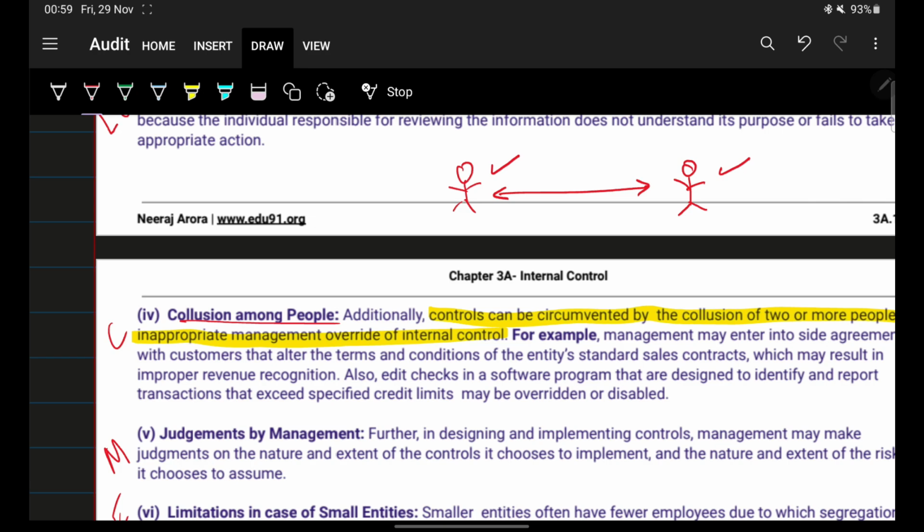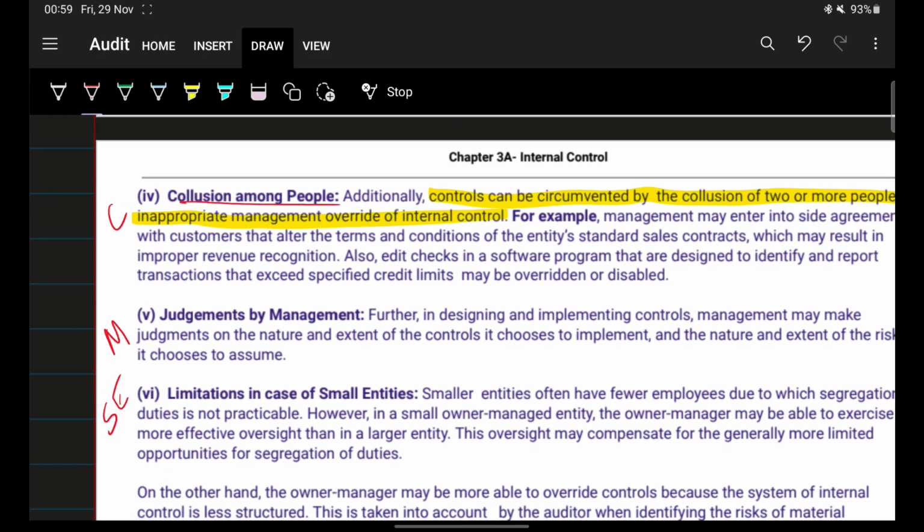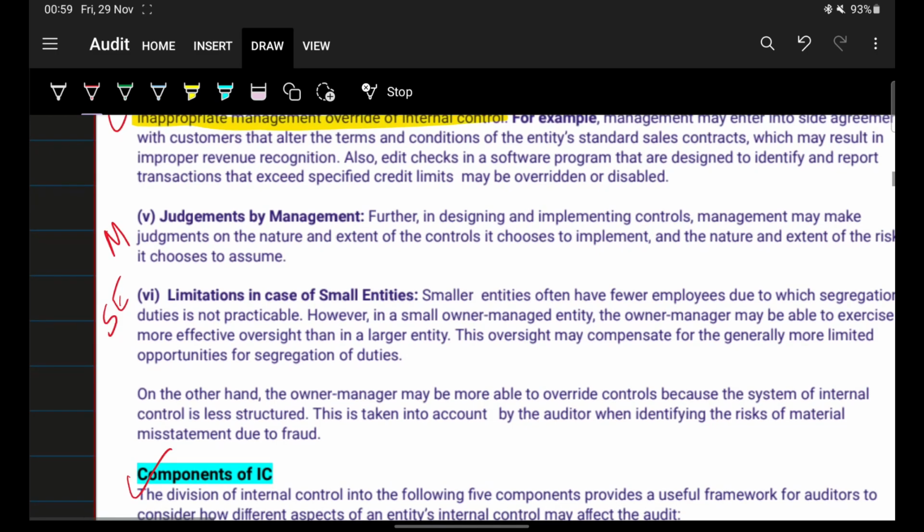Okay, meaning they are working together, right? So if this process is circumvented, or if there is collusion that exists, then obviously that internal control is waste, right? It is complete garbage because it is not going to be effective at all, right? So this is another limitation of internal control.